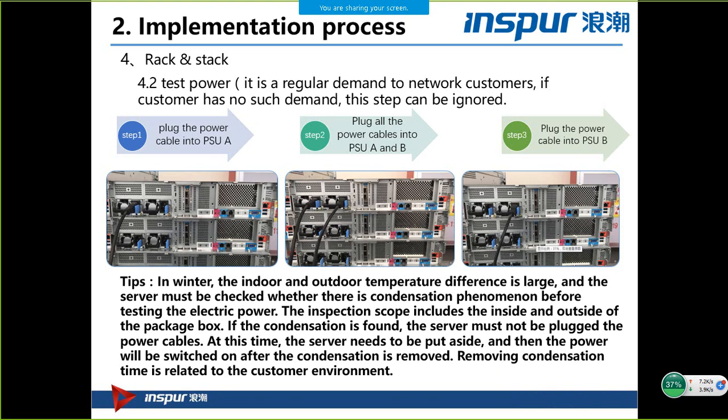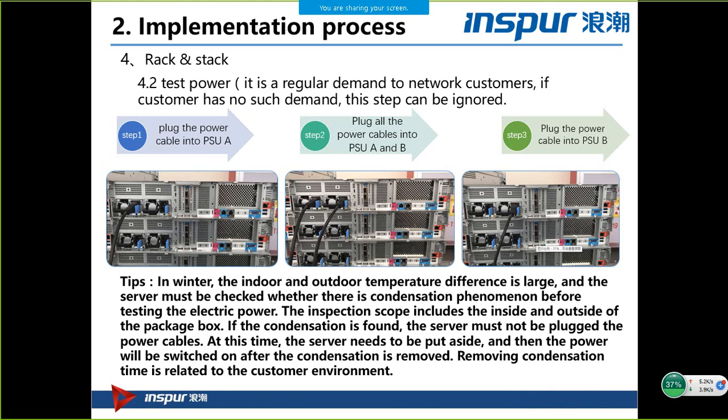The first step, plug the power cable into PSU A. And step 2, plug all the power cables into A and B. And the third, plug the power cable into B, only B. Make sure the indicator of the power works normally. Otherwise, give feedback to our PM.